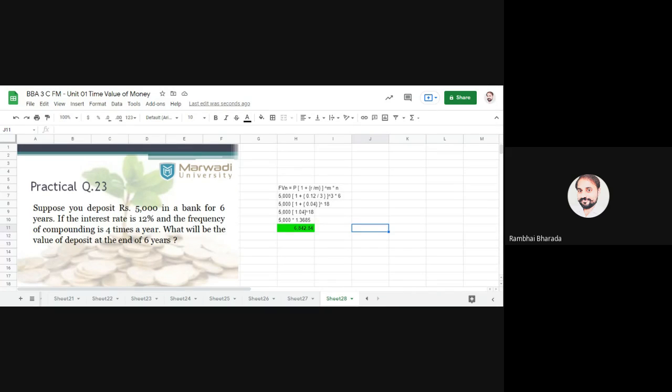Okay, Shivani and the rest of the students, I am again repeating that first of all we need to work on the internal bracket. Here internal bracket means R divided by M. 0.12 divided by 3, it means you will get 0.04. Then the bracket is 1 plus 0.04.